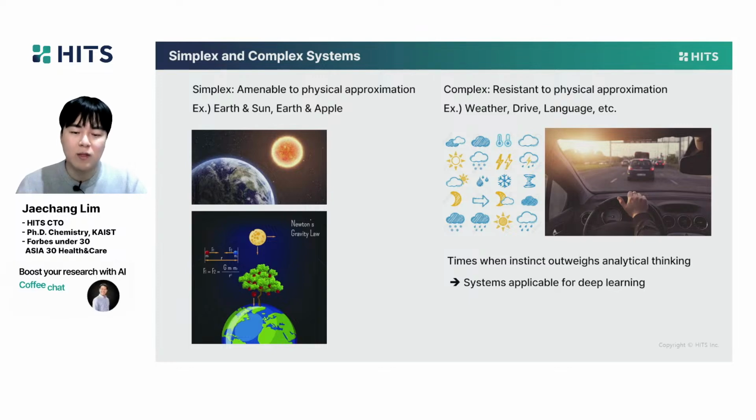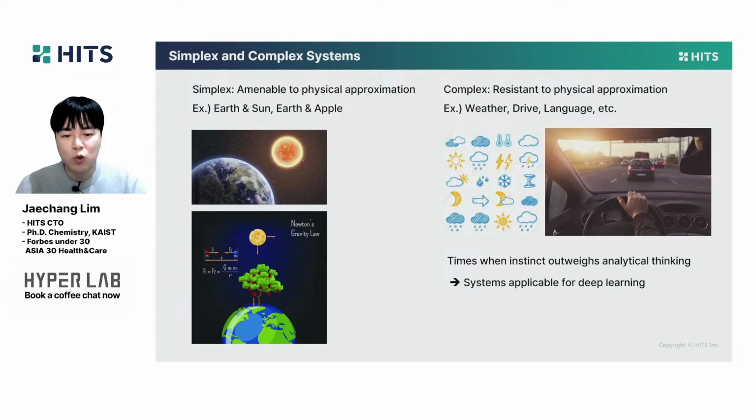The more complex the problem, the harder it is to solve with physical approximations. So an intuitive approach often fits better than physical approaches. In these situations, deep learning can work very effectively.